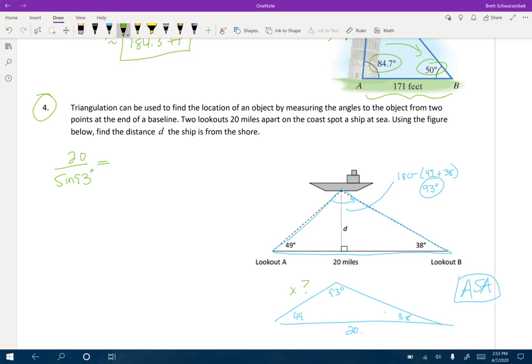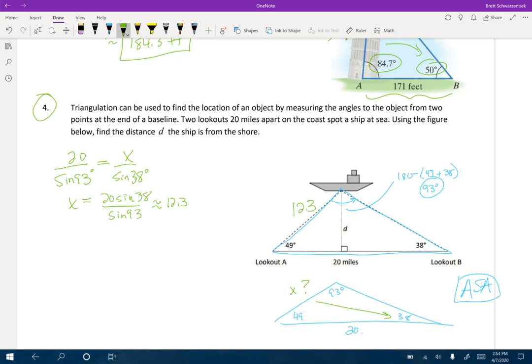So we're going to do x over the sine of the angle opposite it, which is 38 degrees. If we solve this, we get x equal to 20 sine 38 over the sine of 93, which is going to give us 12.3 as the missing side. So I'm going to write it in the picture. This is going to be 12.3.